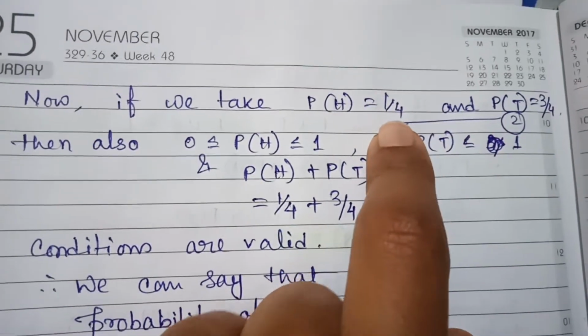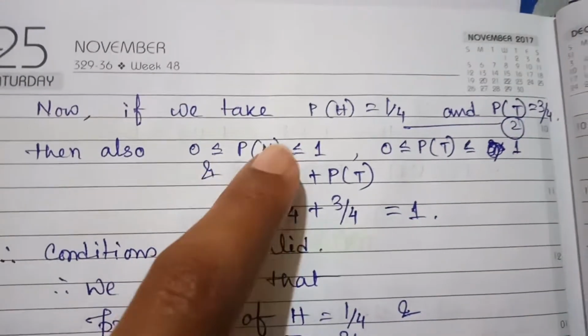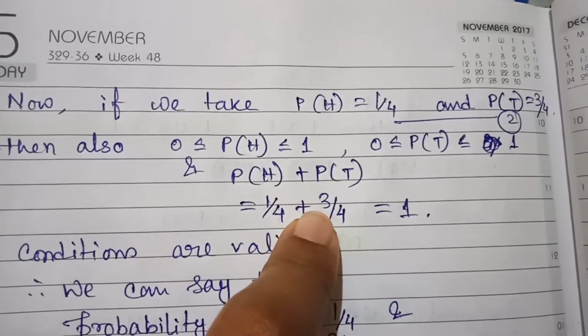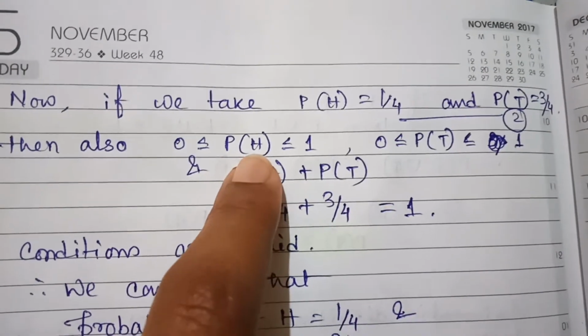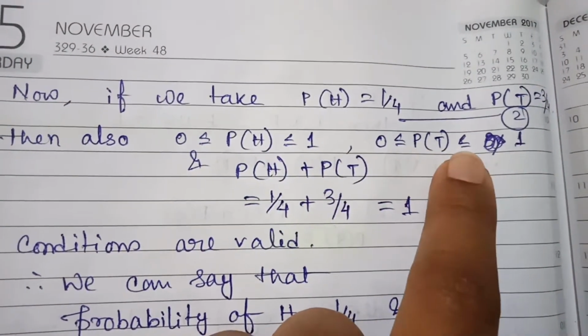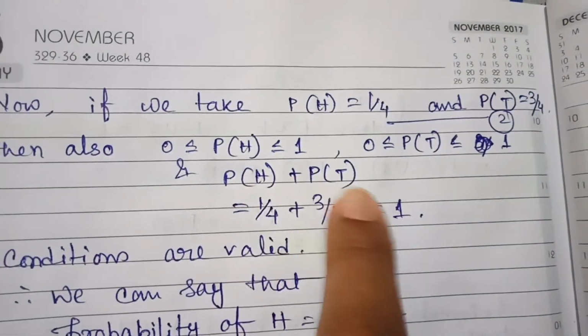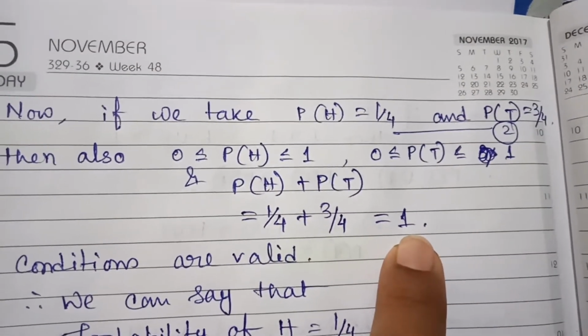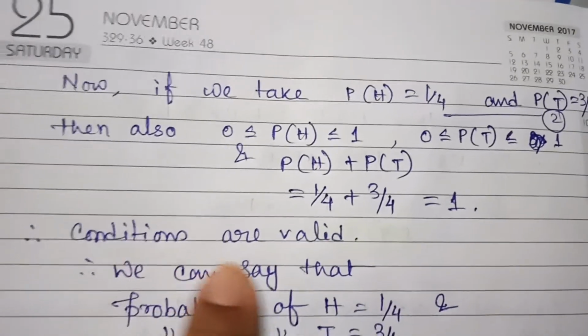For this second assignment also, these two conditions are satisfied. 0 less than or equal to P of H less than or equal to 1, 0 less than or equal to P of T less than or equal to 1, and their addition comes as 1. That means the first two conditions are satisfied, so the assignment is valid.